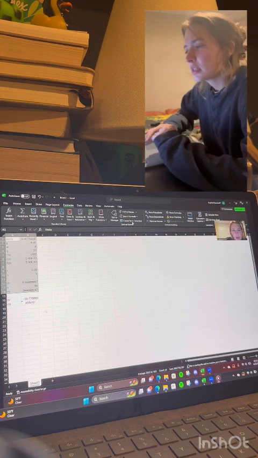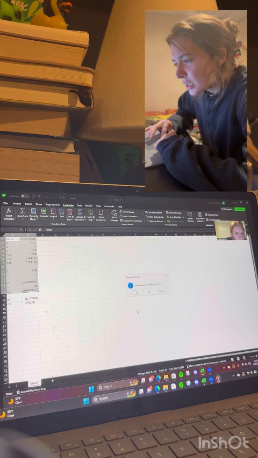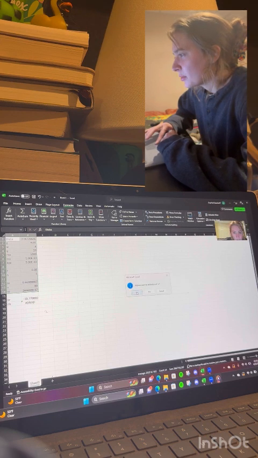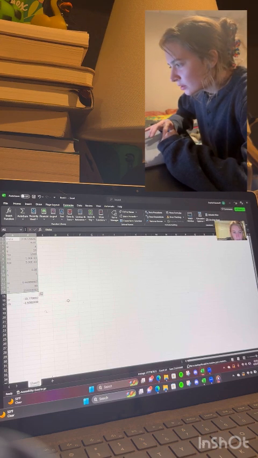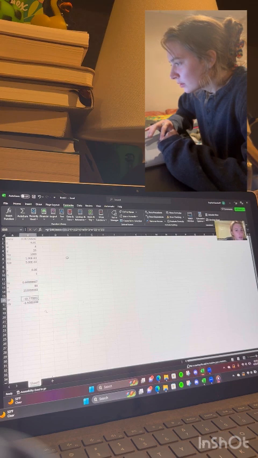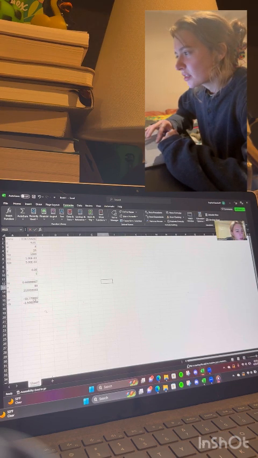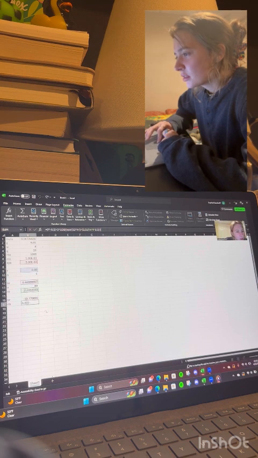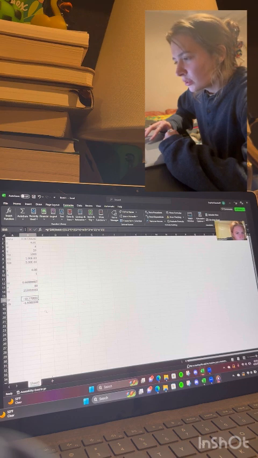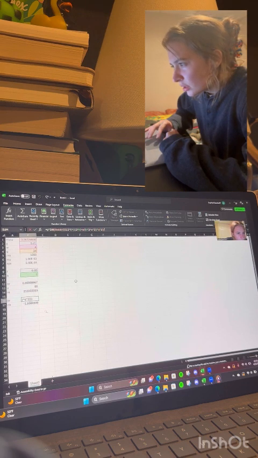Oh, I think it's mistaking things because I've done this a couple of times. Okay, that might have fixed it. Looks good. Looks good.